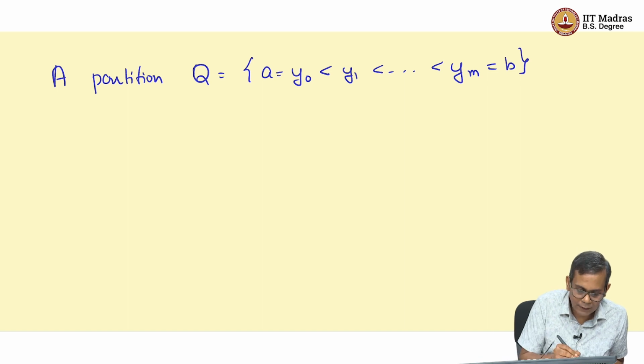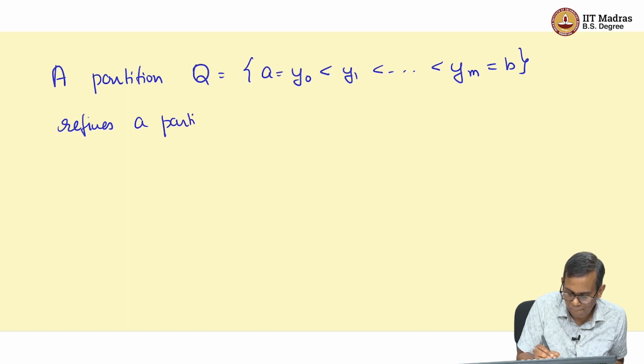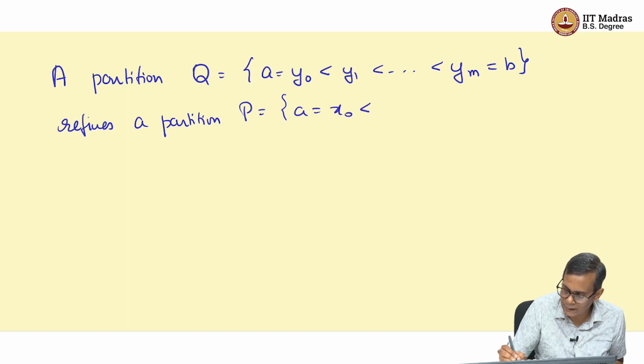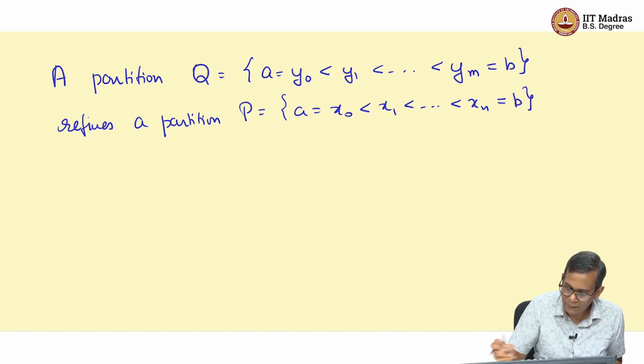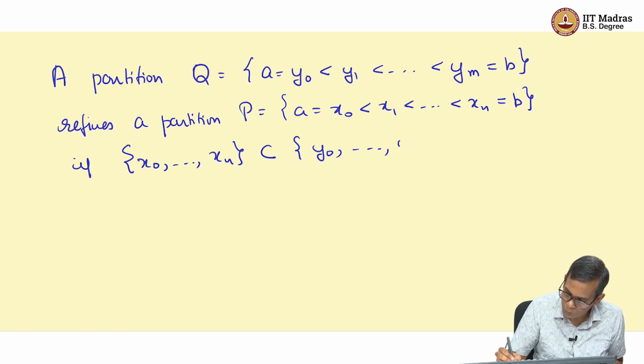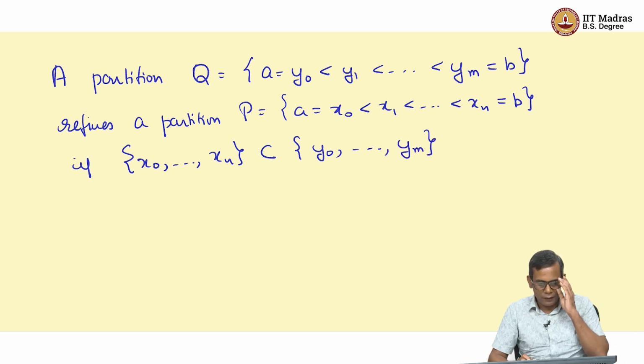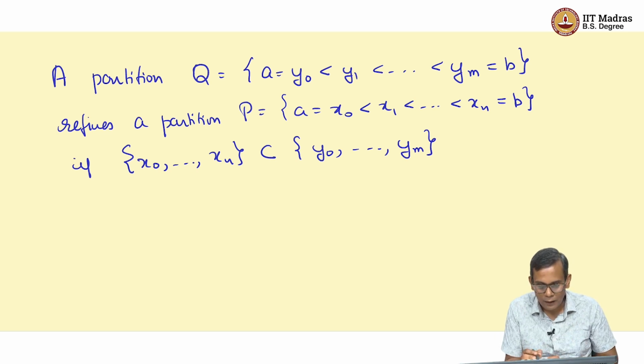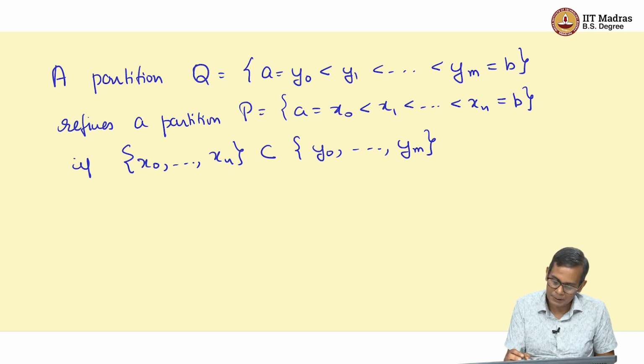We say that it refines a partition P equals, as before, x0 less than x1 less than ... less than xn, which is equal to b, if the set {x0, ..., xn} is a subset of the set {y0, ..., ym}. So what we are saying is that we are subdividing each subinterval of P further into smaller intervals.